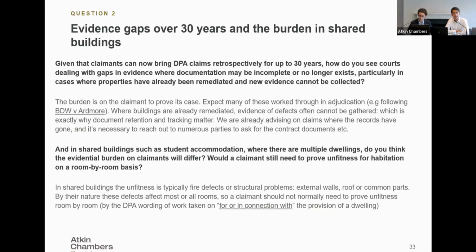The second aspect of this question is about whether the evidential burden on claimants changes with respect to a room-by-room analysis. And I think the answer to that is usually when you do your PAS 9980 reports and you get your expert reports on the condition of the overall buildings, the problems that make it unfit for habitation are almost always fire or structural, and those typically relate to the common parts of the building, so the external walls, facades, or the roof.